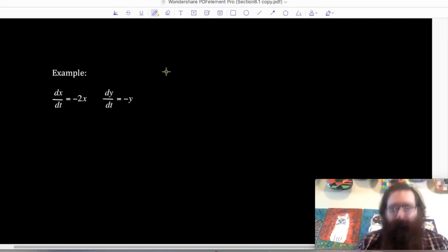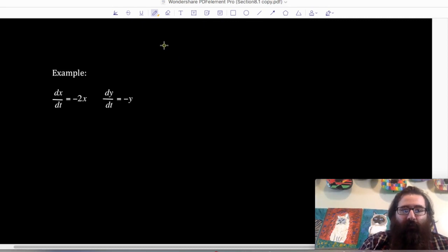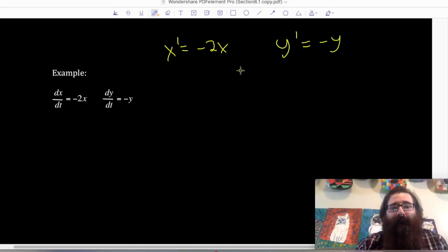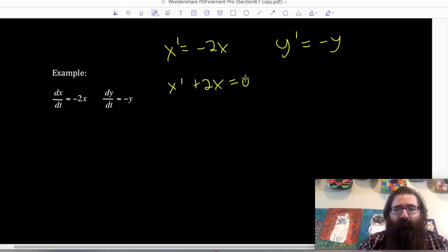So again, here we could start by rewriting into our favorite notation. We have x prime equals negative 2x. We have y prime equals negative y. And then we could work with a homogeneous equation, say x prime plus 2x equals 0, y prime plus y equals 0. I've seen this before, but I'll still go through the characteristic equation.